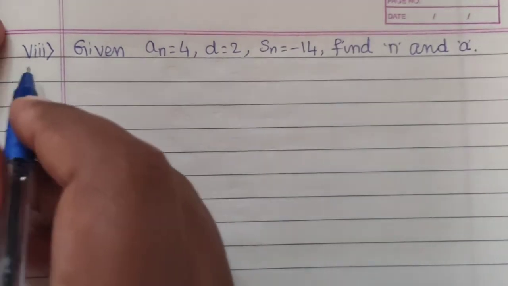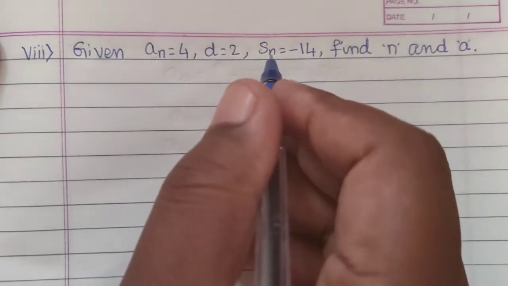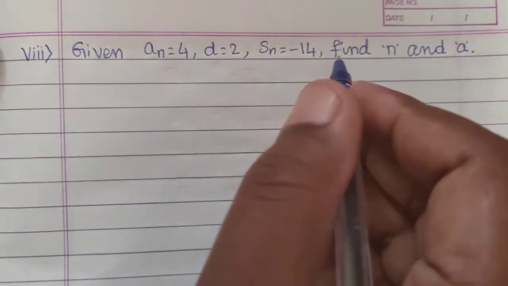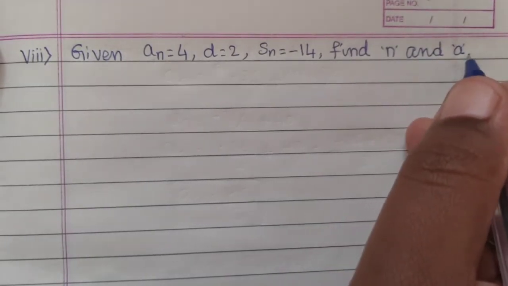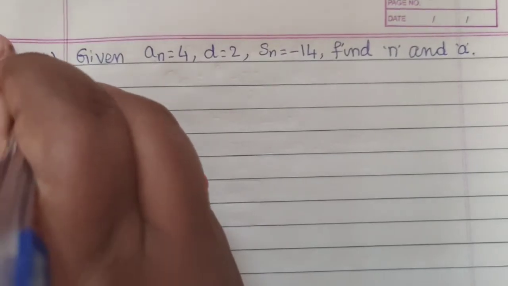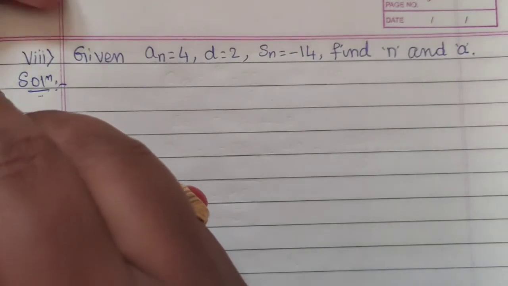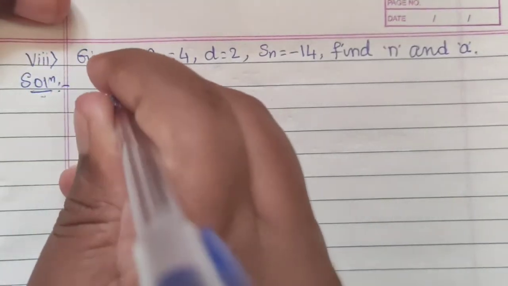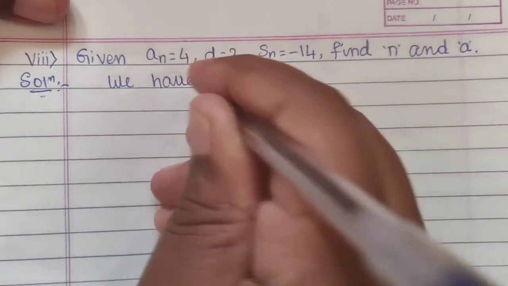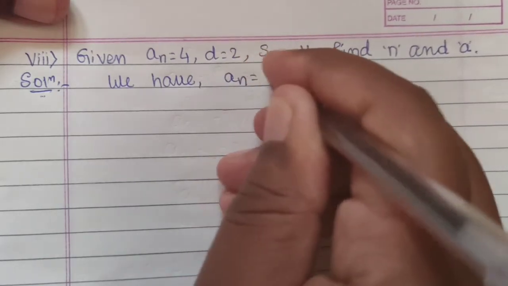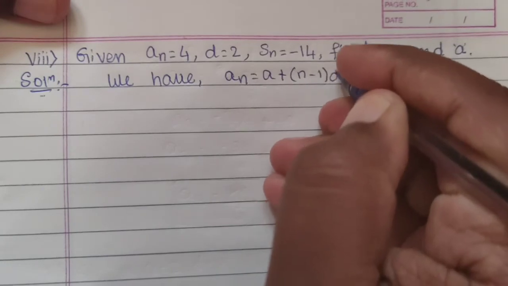Next question. Given an is equal to 4, d is equal to 2, sn is equal to minus 14. Find the number of terms n and the first term a. Solution. First we have to write the nth term formula. That is, an is equal to a plus n minus 1 into d.